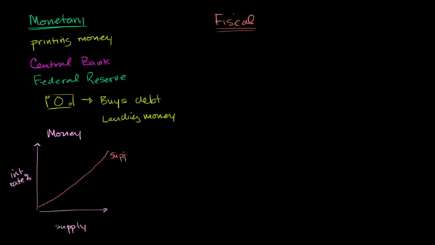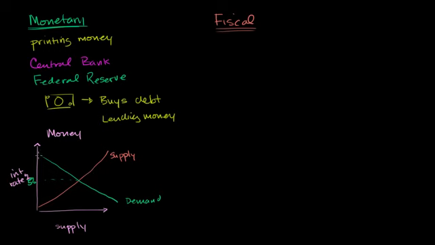That's supply, and this is the demand curve. Let's say this is short-term money, and we won't focus on the different durations and all of that. But let's say we're sitting right over here at a clearing interest rate of 5%.